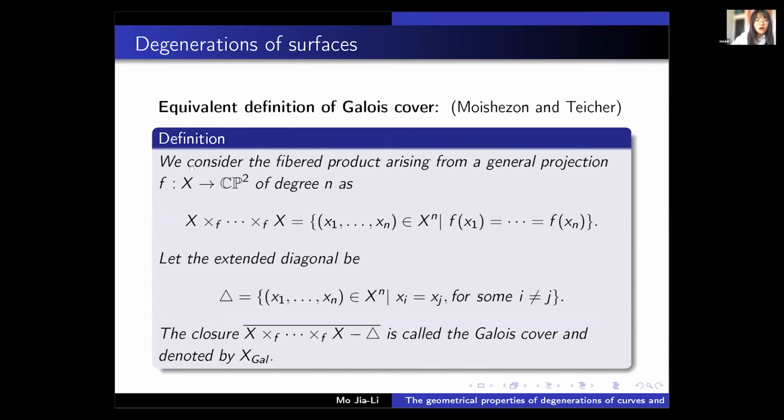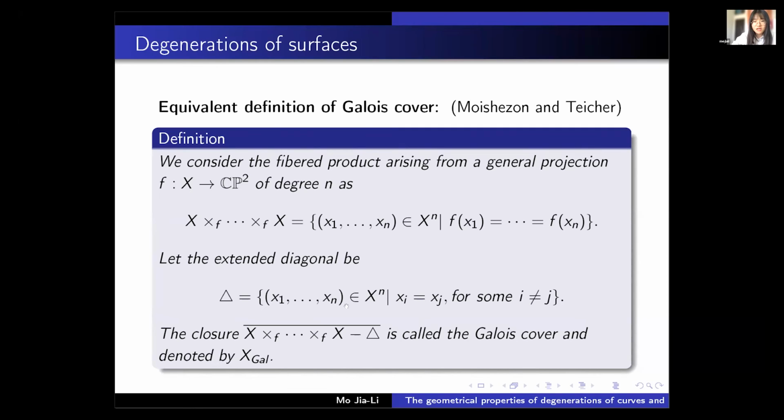That is, we consider the fiber product arising from a general position F. F is S into CP2, the same as above, of degree n. As this definition, a fiber product of n. Let the extended diagonal be this. The closure is called the Gauss curve and denoted by X Galois.